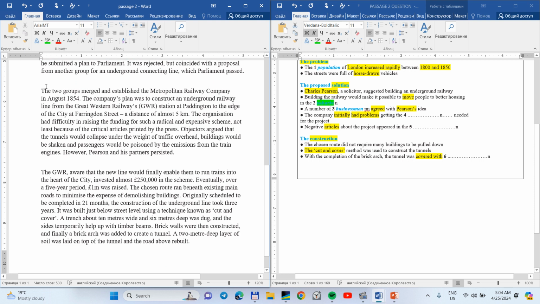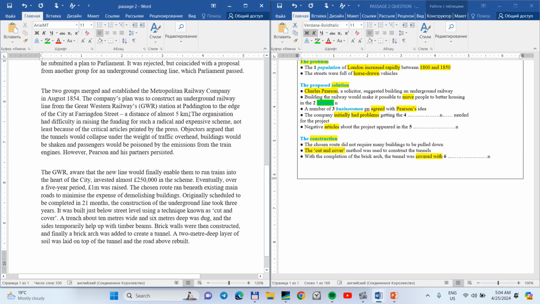Now let's keep reading. The two groups merged and established the Metropolitan Railway Company in August 1852. The company's plan was to construct an underground railway line from the Great Western Railway station at Paddington to the edge of the city at Farringdon Street, a distance of almost 5 kilometers.